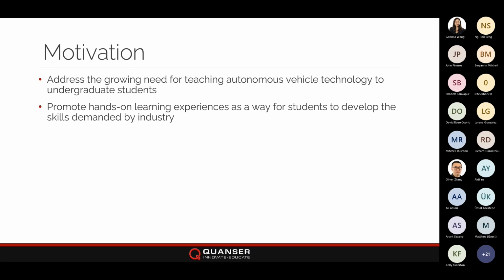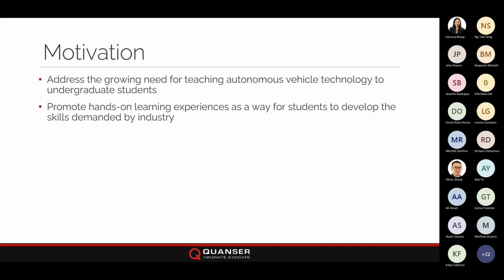We've gotten feedback that there's a growing need in academia as well, with changes in industry, for more teaching focused on the skills students need for autonomous vehicle technology and autonomous robots in general, but in particular self-driving cars, in a way that's accessible to undergraduate students. And as well, the best way, certainly Quanser believes, often for many things is hands-on learning experiences.